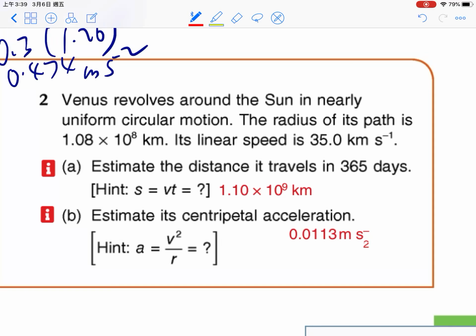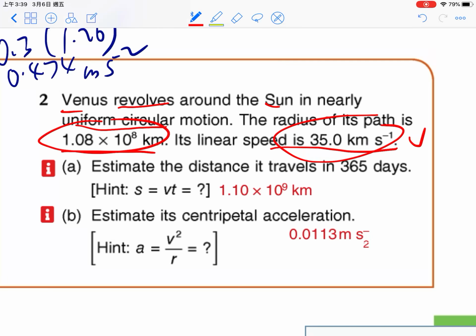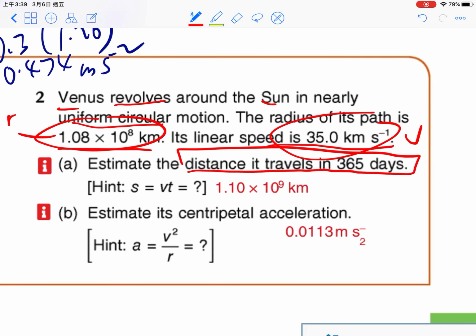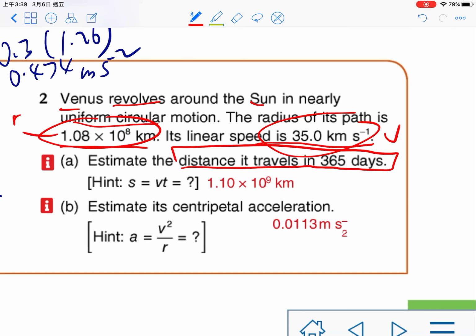Question 2. Venus revolves around the sun in uniform circular motion. That means uniform circular motion, with radius r and linear speed v here. Find the distance it travels in 1 year. Now we have linear speed and we have time.